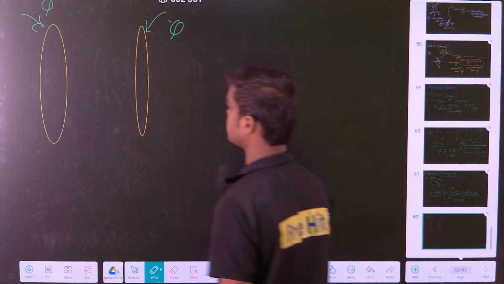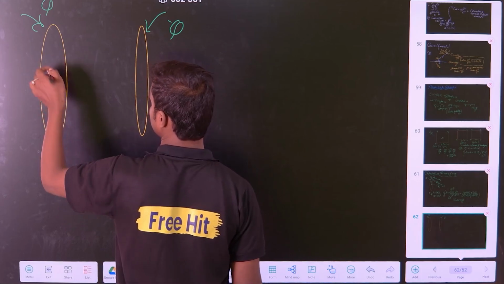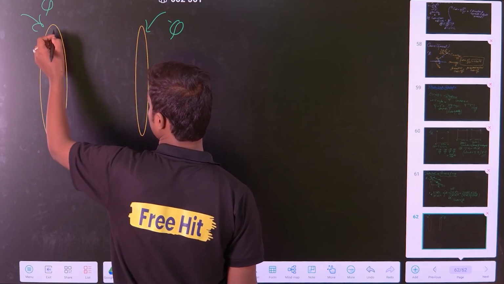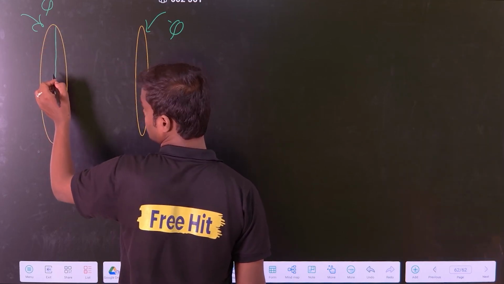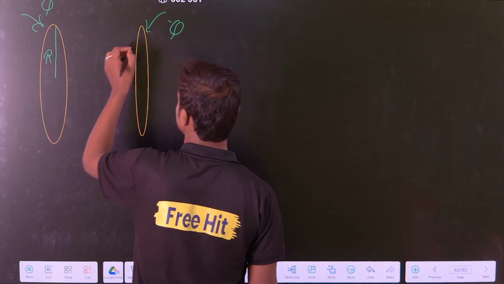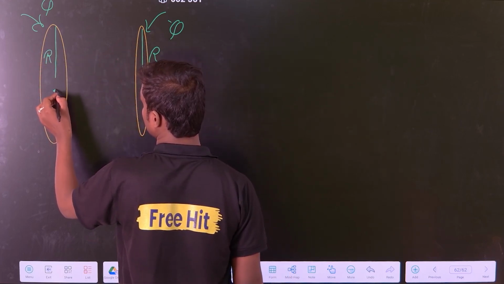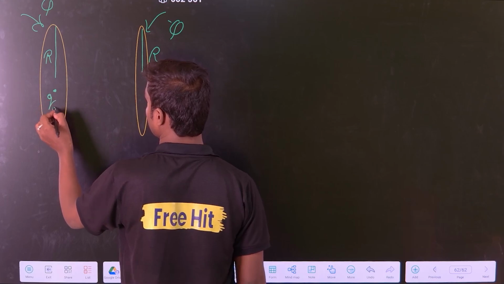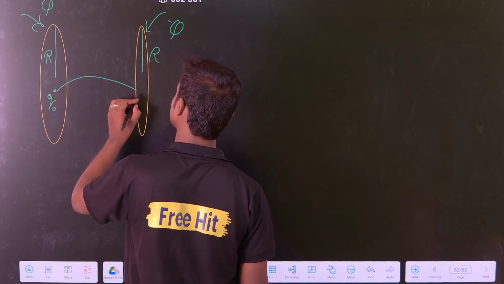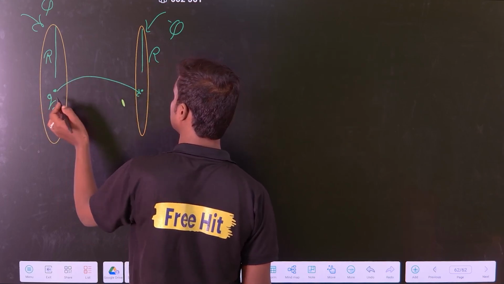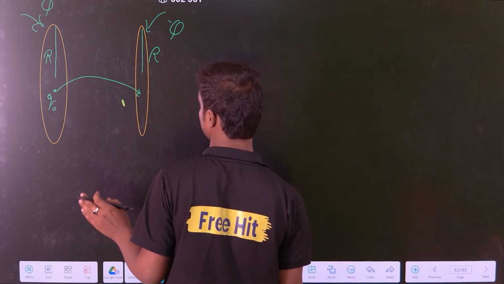Now come to this question. What they have asked: suppose this has a charge plus q, this has a charge minus q, and the radius is r. For this also the radius is r. There is a charge q naught here. It has been moved from this center to this center, from here to here.